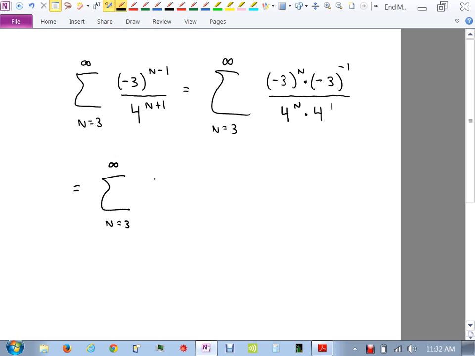So now, since they're both to the n power, I can rewrite that as negative 3/4 to the n. And then you can write n times negative 12. Yep, 1 over. Right, 3 to the negative 1 is really what? 1 over negative 3. And the 4 can't come on top because it's on the bottom. No, we can put 4 to the negative 1 and then multiply.